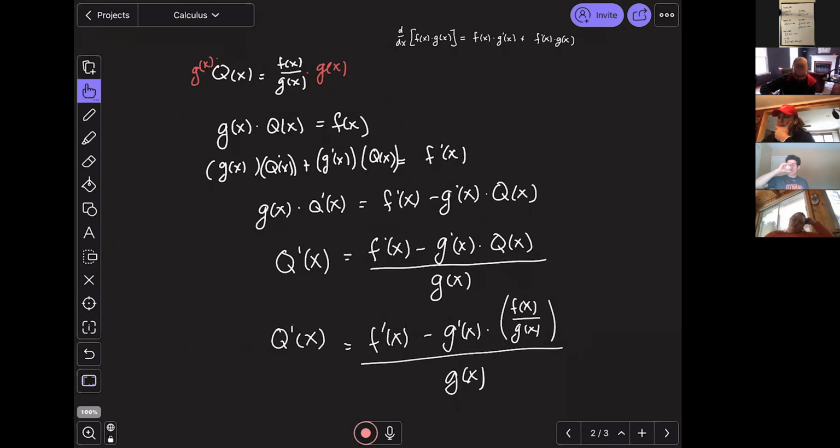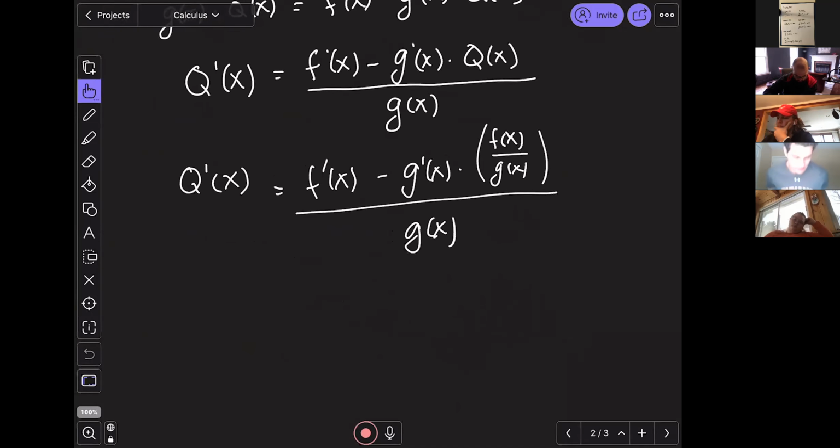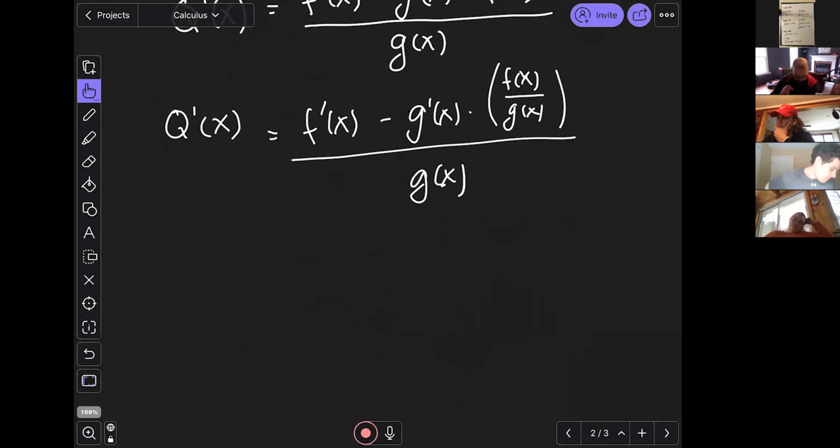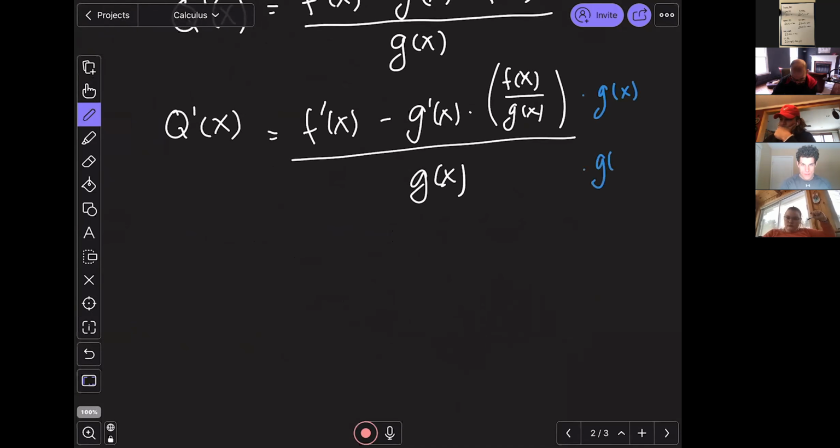Okay. And what we can do now is I really want to simplify this. And through a quick algebra trick here, what we're going to do is multiply the numerator and denominator by g of x. Okay, so when I multiply the numerator by g of x, I'm going to have to multiply everything.